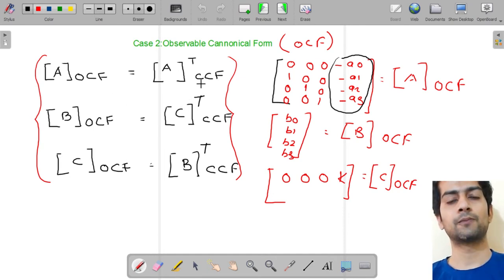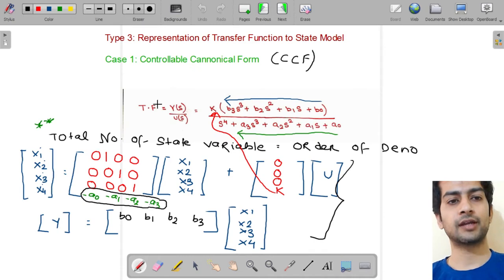Okay. See now, you may say, sir, you are telling one thing, that we are given a transfer function, and for the same transfer function we are getting two state models, one in CCF form and one in OCF form. Why is it so? I will give you more clarity on this in coming time.